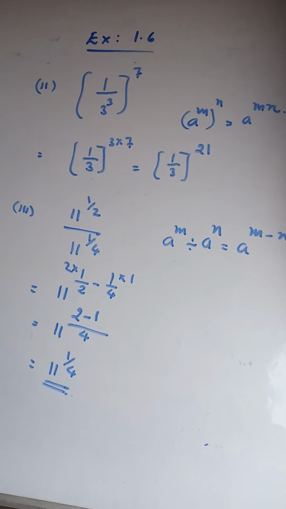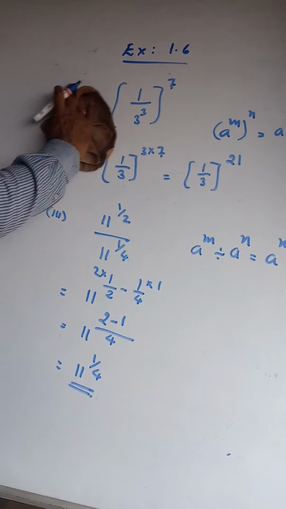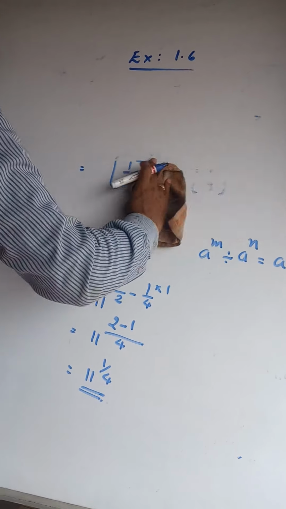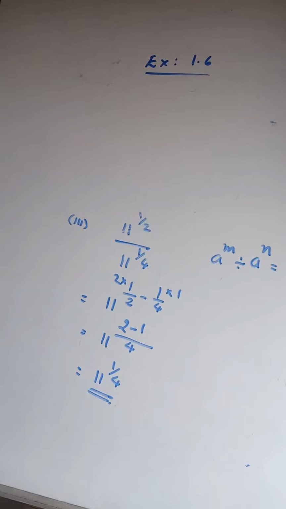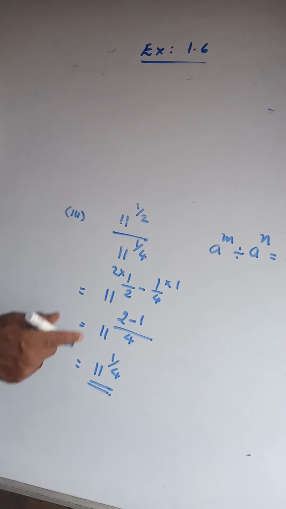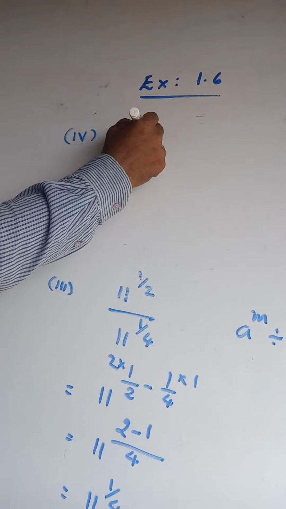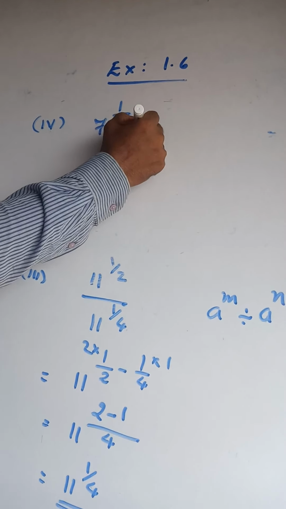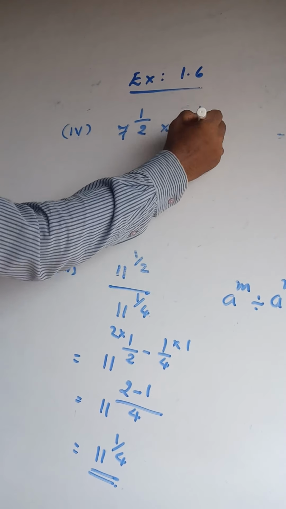The last problem of this exercise is the fourth one, that is 7 raised to the power 1 by 2 into 8 raised to the power 1 by 2.